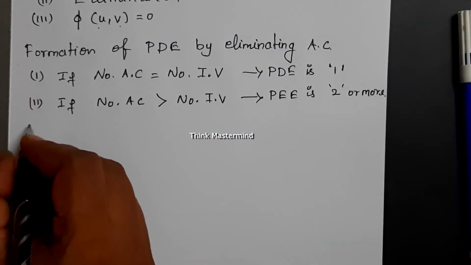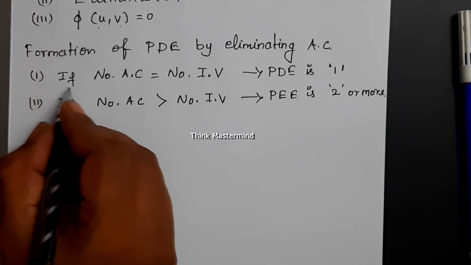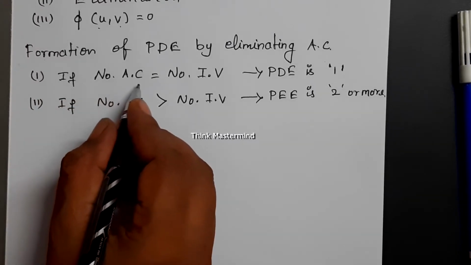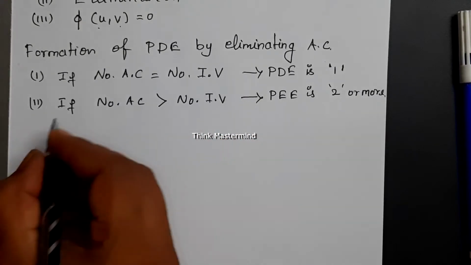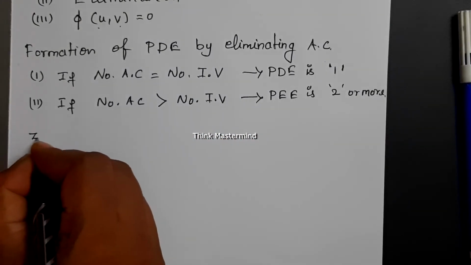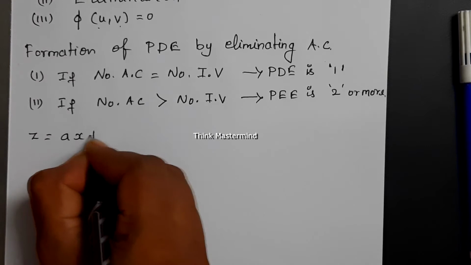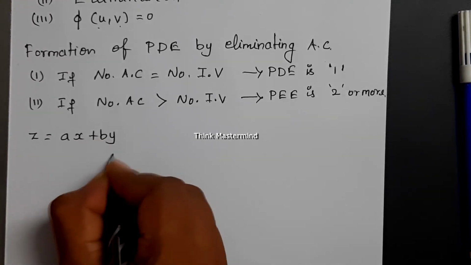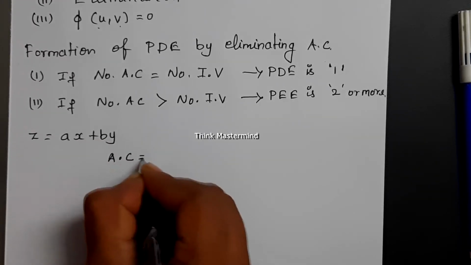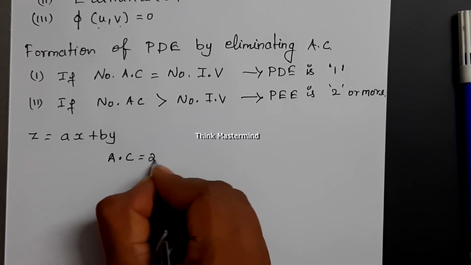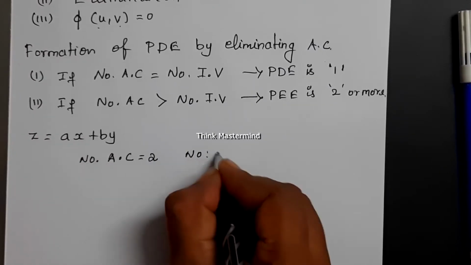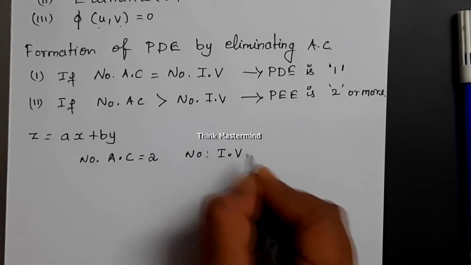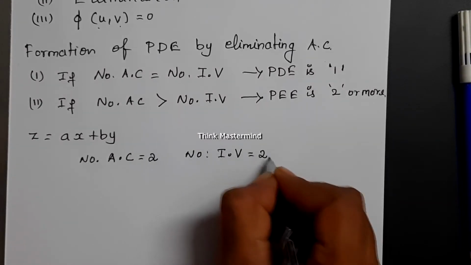Now we are going to see the first case, that is, the number of arbitrary constants is equal to the number of independent variables. Taking the example, z is equal to ax plus by. Here the arbitrary constants are a and b, so the number of arbitrary constants is 2, and the number of independent variables is 2, that is x and y.